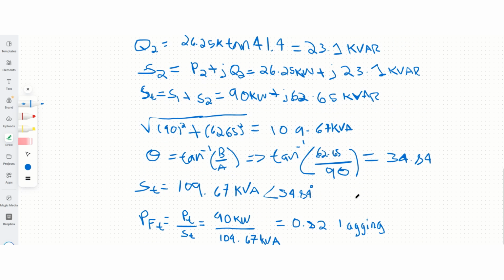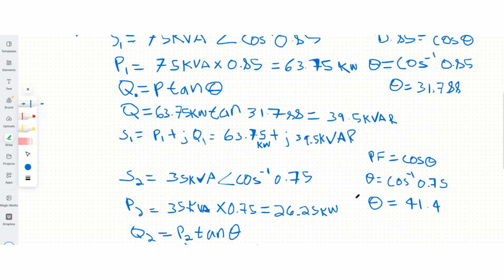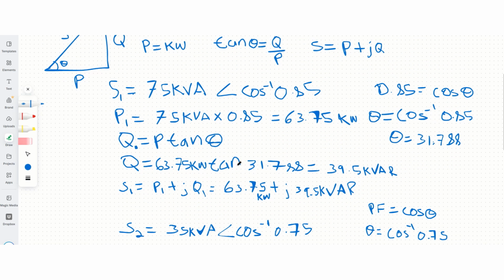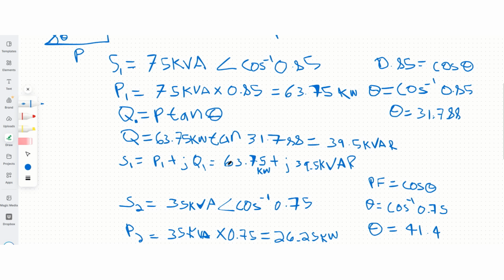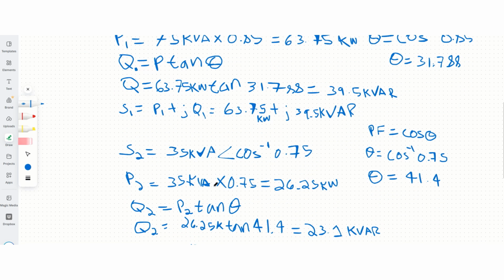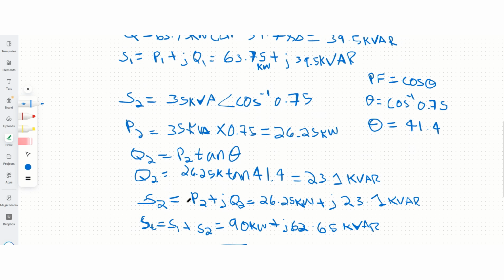And this is all. We did part one in order to get P1, Q1, and therefore to find S1. Then we did the second part, P2 and Q2, working on the real power and the reactive power to get S2, the apparent power.